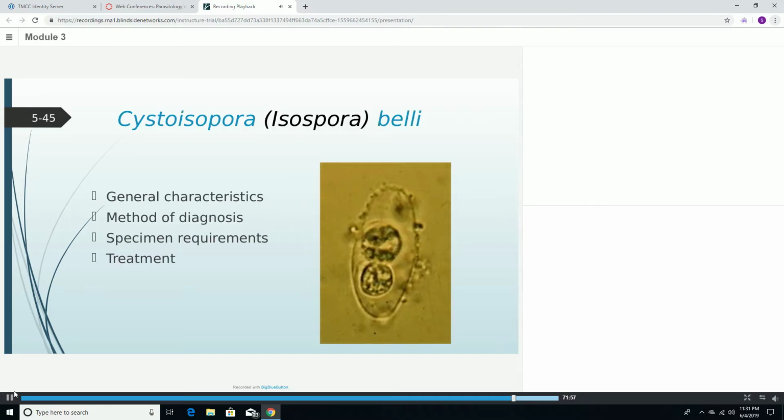The next organism we're going to talk about, when I learned about it, was referred to as Isospora belli, but now it's Cystoisospora belli. There's only one pathogenic coccidian for which the human is the only definitive host, so schizogony and sporogony both happen inside the patient.